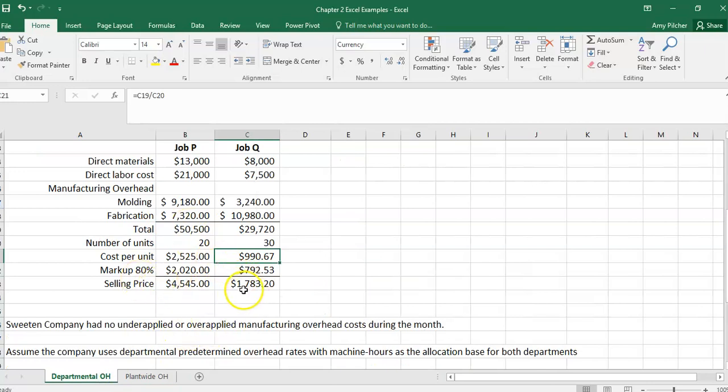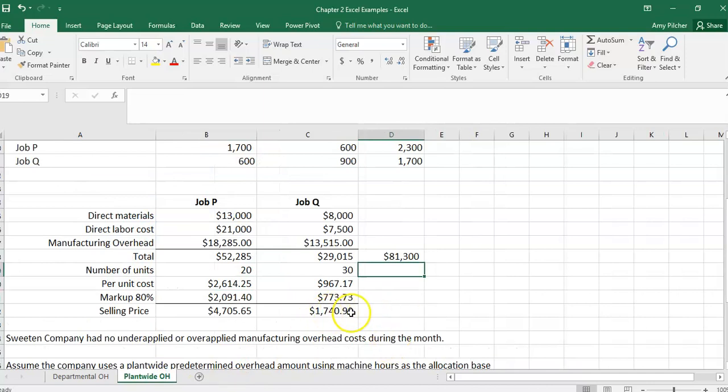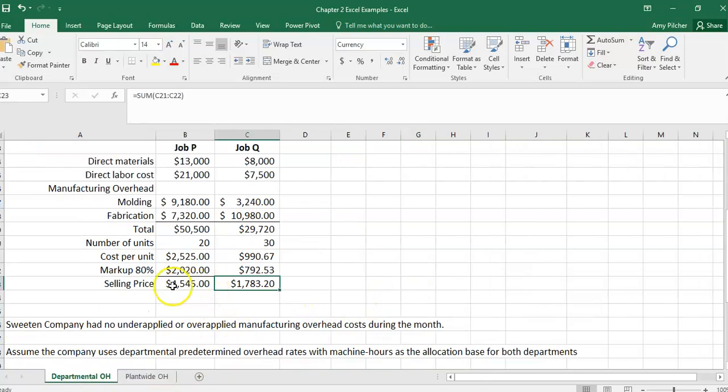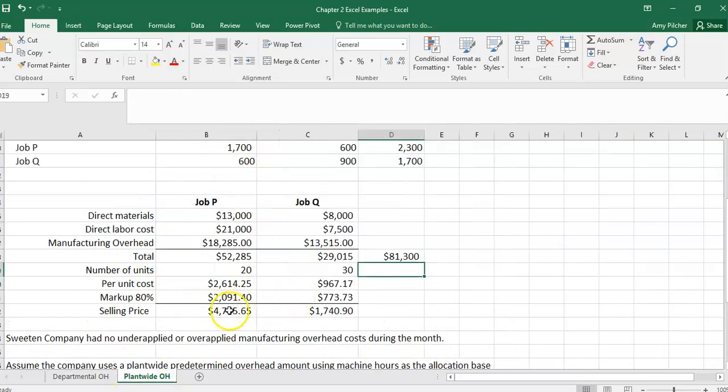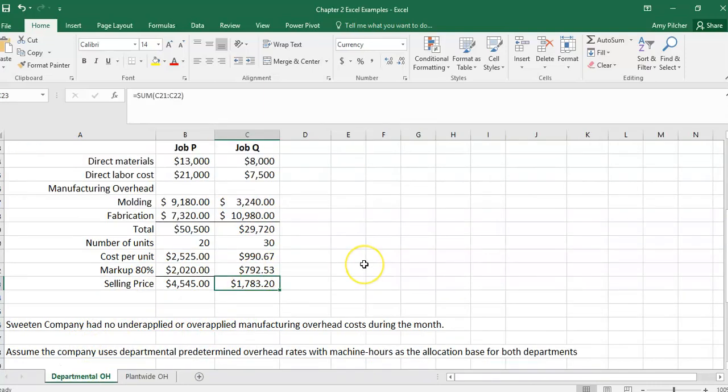So all told, we add 43 cents to the cost, or $43 to the cost per unit of your selling price per unit of job Q, and about $150 to the selling price of job P. So you can see how changing the way that we allocate overhead changes our total product costs.